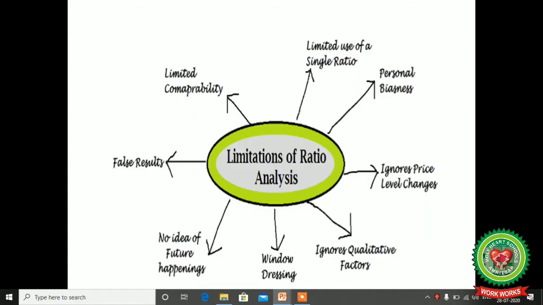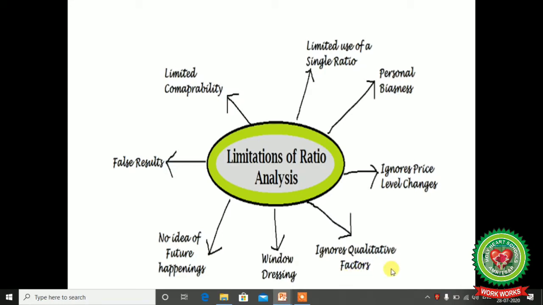So what are the limitations of ratio analysis? Number 1, limited use of a single ratio. Number 2, personal bias. Number 3, ignorance of price level changes, because every year the price level changes and the ratio does not consider this fact. It ignores the qualitative factors.